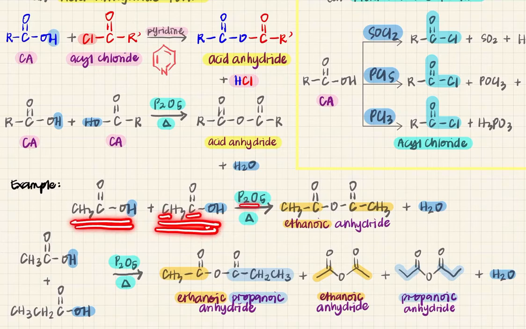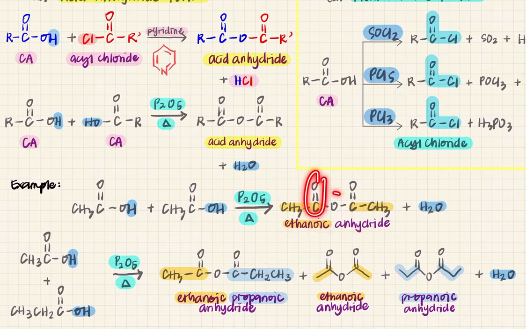In the presence of P2O5 while being heated, you will get ethanoic anhydride. Okay. So ini anhydride. Kita panggil ethanoic. Why? Because you have 2 carbons on this side and 2 carbons on this side. So if it's ethanoic anhydride, that means that you have the same kind of a mirror lah dengan symmetrical molecule. Okay, dia ethanoic on both sides.